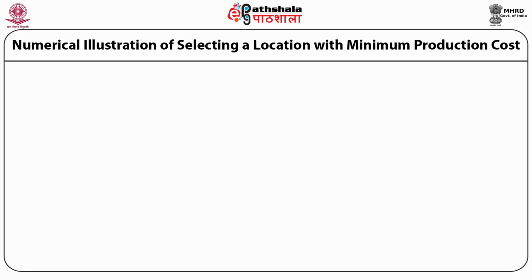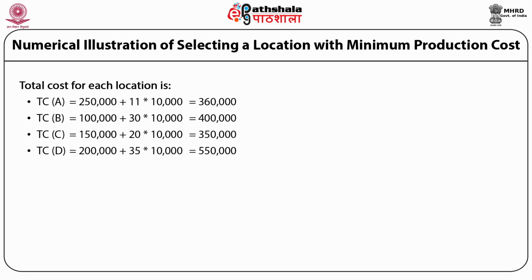This has been calculated by using formula in equation 1, where total cost for location A would be 2,50,000 plus 11 into 10,000, which would be 3,60,000. Similarly, by using the same formula, total cost for locations B, C, and D has been calculated.